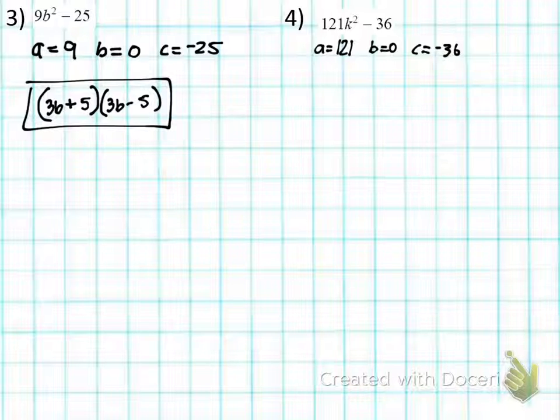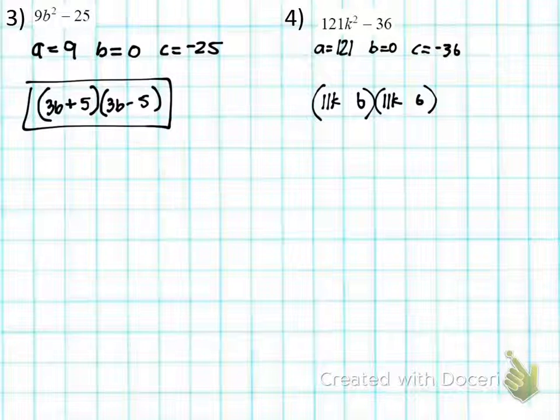Yeah, they are. What's the square root of A? 11 what? 11k, good. So we're going to write 11k twice. What's the square root of 36? 6. Last step, everyone: put a plus and then a minus. That's it.